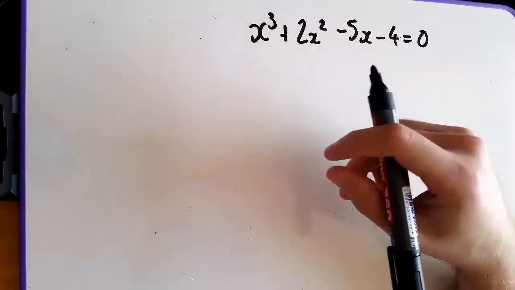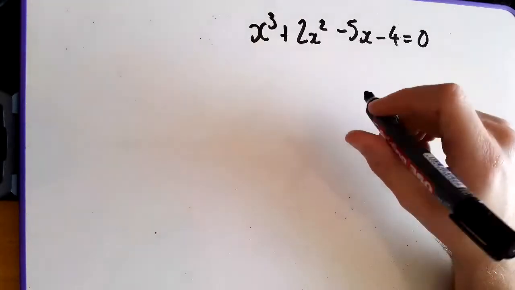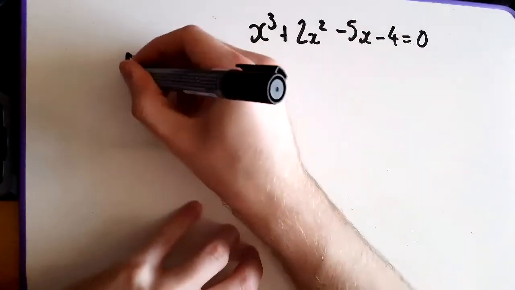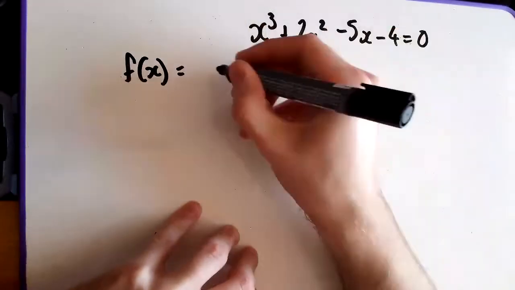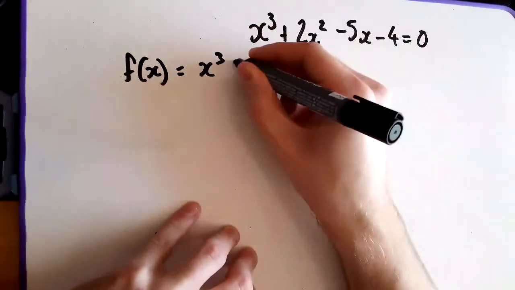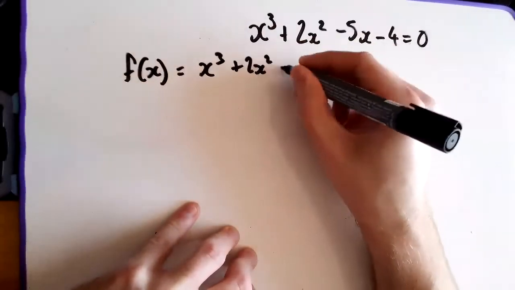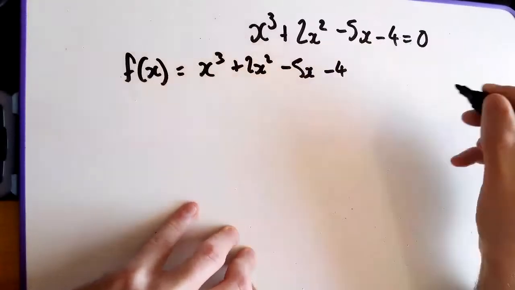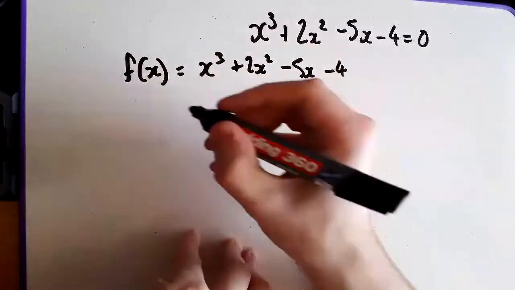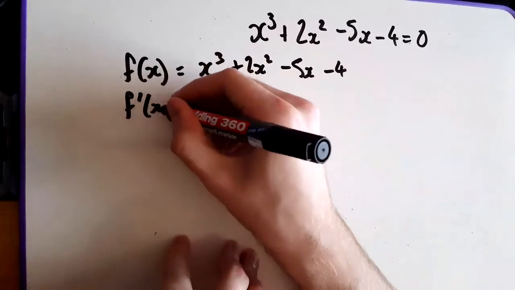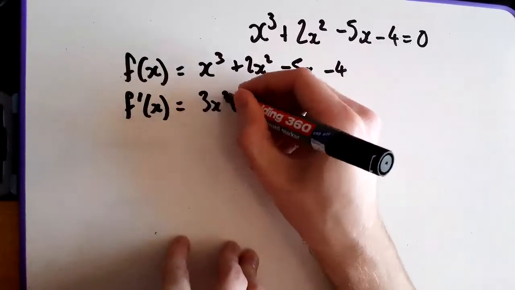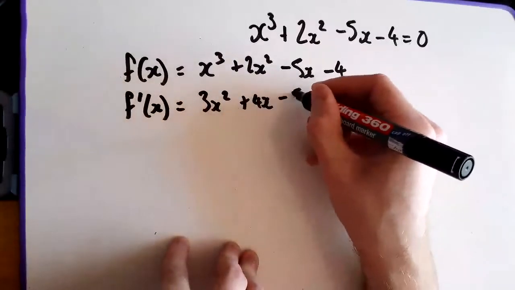So that means Newton-Raphson. First of all, we need to decide what our function is. So f of x is x cubed plus 2x squared minus 5x minus 4, because it's already equal to 0. Then we need the derivative, so f dash is 3x squared plus 4x minus 5.